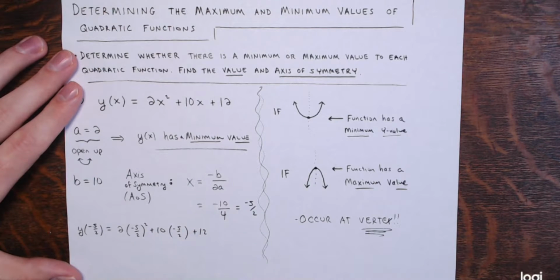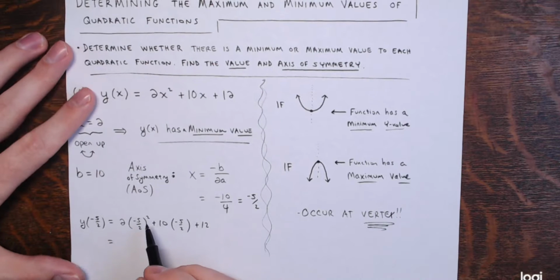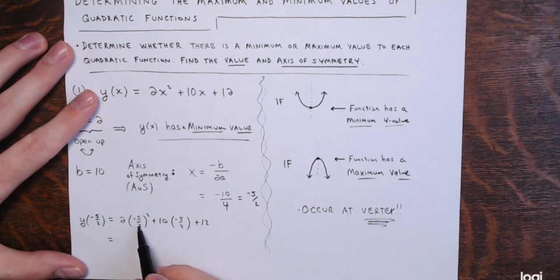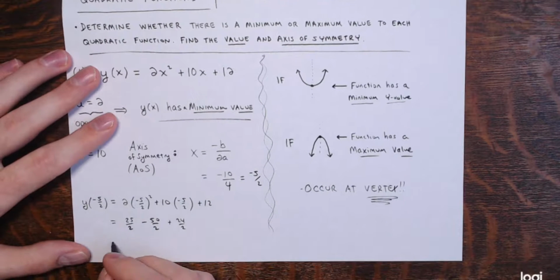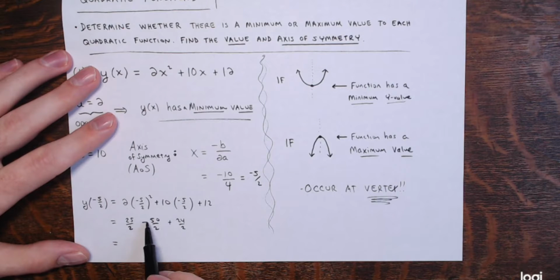And we simplify. This would be 25 fourths times 2, which is 25 halves, minus 50 halves, and then plus 24 halves. I'm just getting a common denominator, because you need a common denominator to be able to add or subtract. 25 minus 50 is negative 25, plus 24 would be negative 1/2.